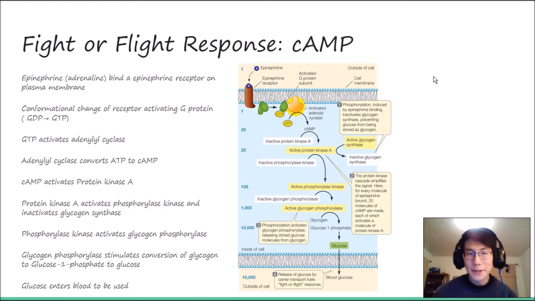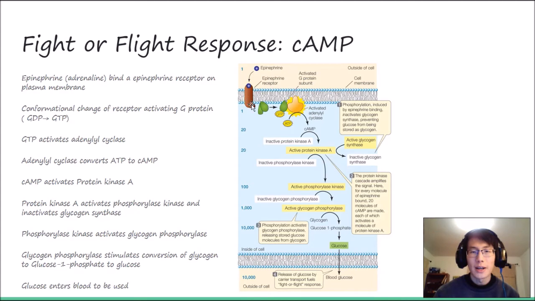If you think back to your basic biology, the fight or flight response upregulates your sympathetic nervous system and downregulates your parasympathetic nervous system. Some scary or triggering event leads to the release of epinephrine, or adrenaline, and epinephrine binds to an epinephrine receptor on the plasma membrane.